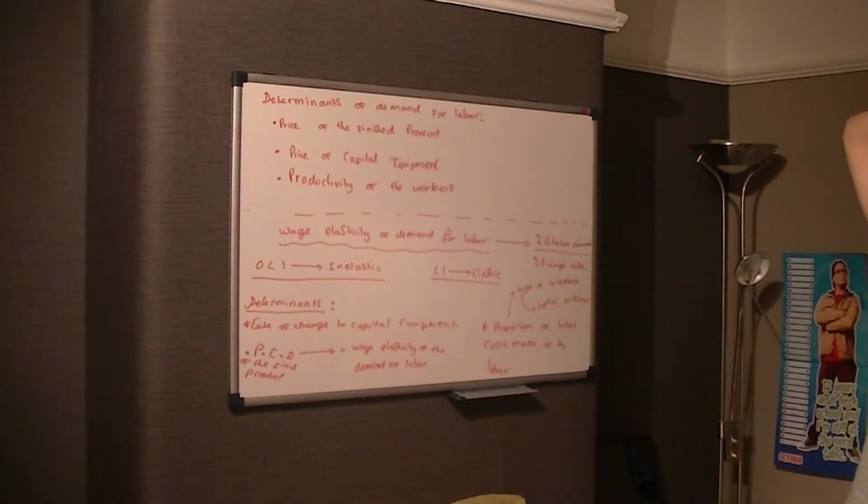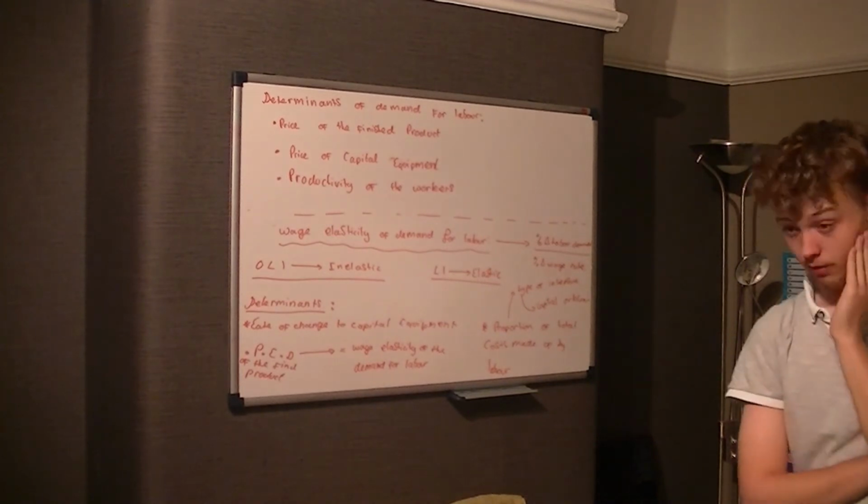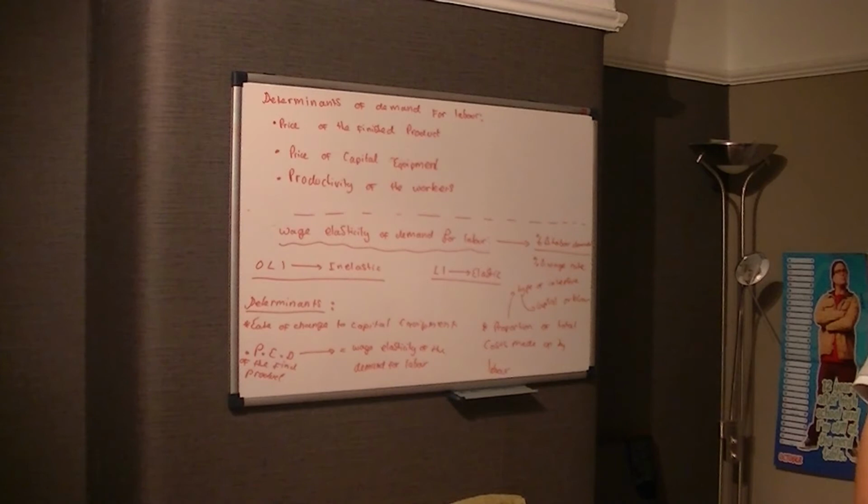So there's three. Just to recap that again for me as well, the determinants of demand for labour. We talked about the price of the final product, the productivity of the workers, the price of capital, and then for the PED, the wage elasticity of demand for labour, we said the ease that you could switch between them, the proportion of total cost that is made up by your labour, and then we said the PED of the final product, because obviously labour is derived demand.